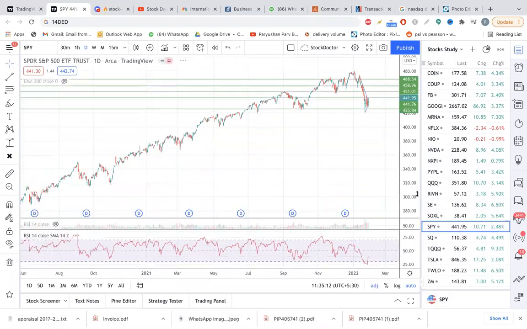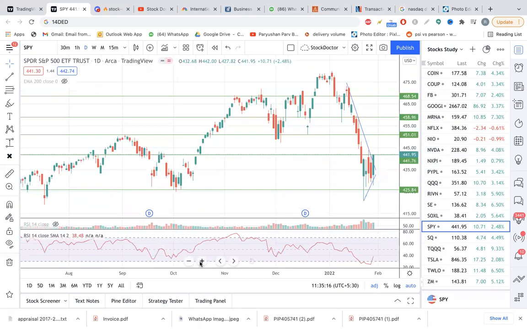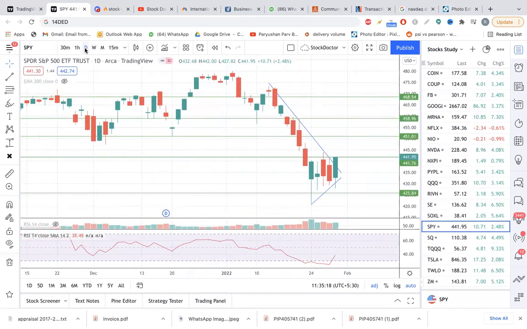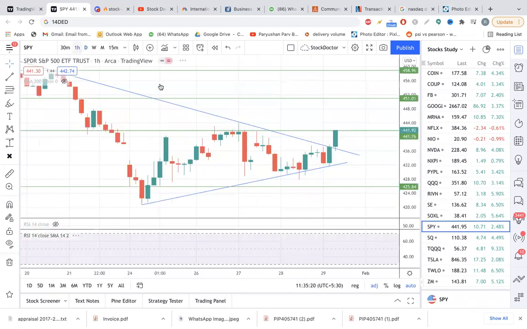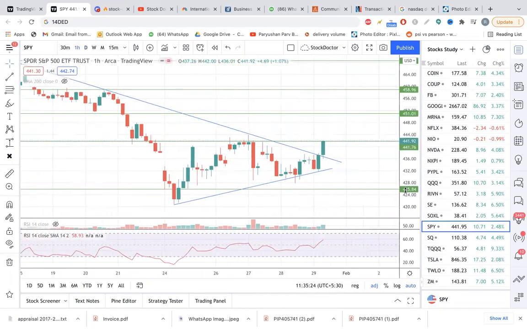The next stock we have is SPY. For SPY, if we see on the hourly time frame, it has given a breakout. Right now, it is trading at 441. Once it starts trading above 444, this level, then there is a high probability that it can go back towards 450 and 460 levels.